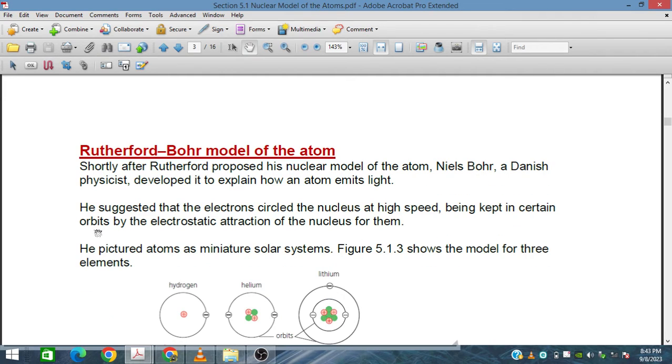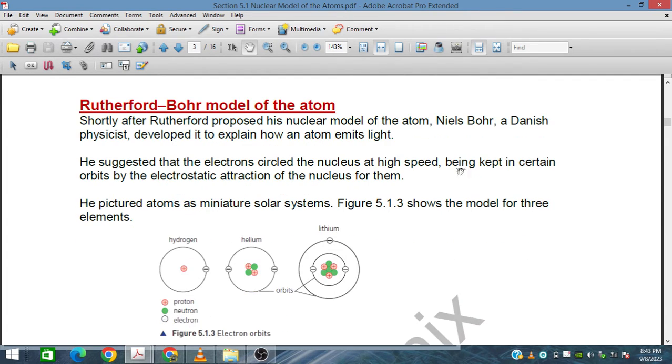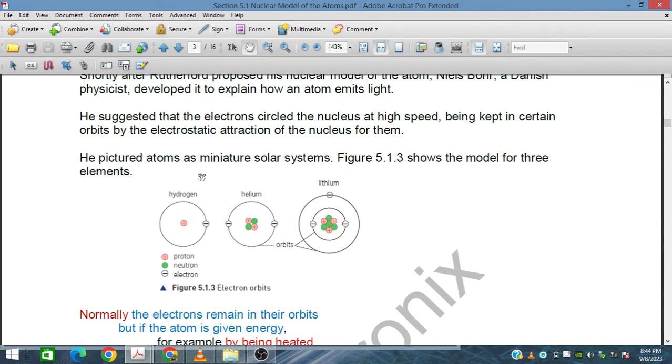He suggested that the electrons circled the nucleus at very high speed, being kept in a certain orbit by the electrostatic attraction of the nucleus. He pictured the atom as a miniature solar system like this.